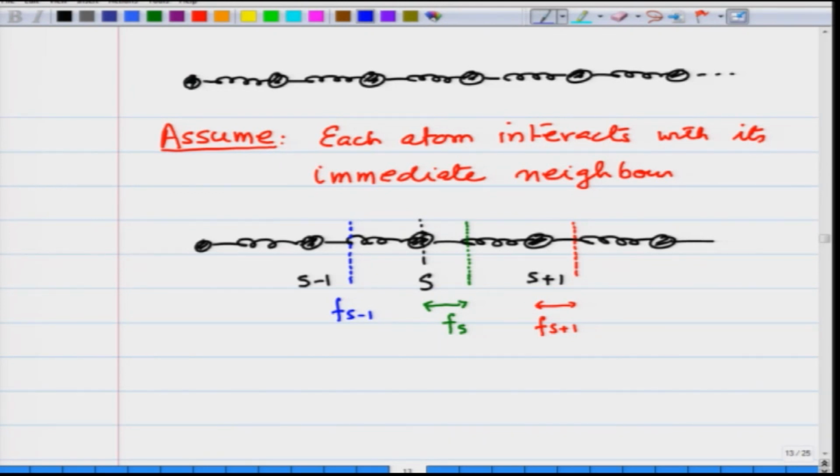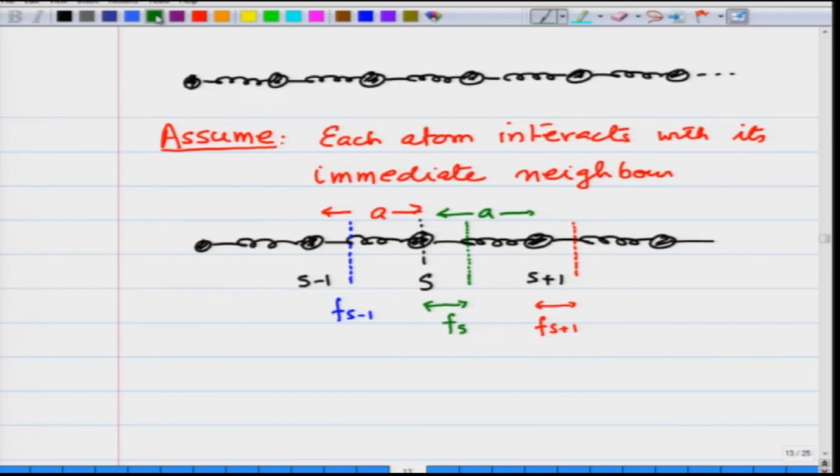They change from the equilibrium distance, which was A, to slightly different, and I am assuming a force proportional to the displacement, that is spring like force.